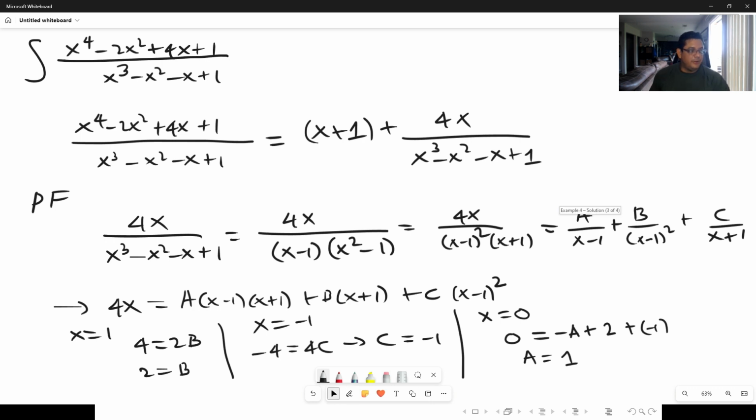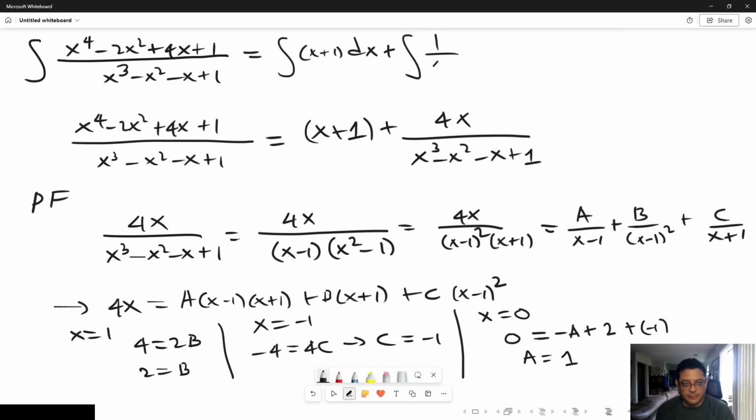Okay, and given that those are the results of the fraction, then this integral is going to be the integral of x plus 1 dx, plus the integral of 1 over x minus 1, plus twice the integral of 1 over (x minus 1) squared, plus, and then c is minus 1, so let me put a minus here instead.